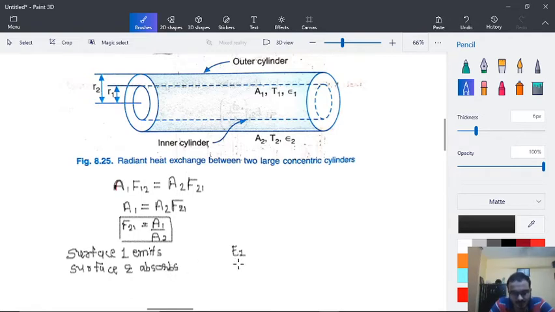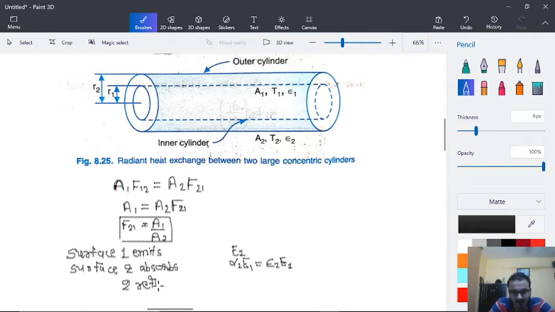So alpha 2 E1, that is being absorbed by the outer cylinder, and we can replace it with emissivity, so it will be epsilon 2 E1. Okay. Now surface 2 reflects.